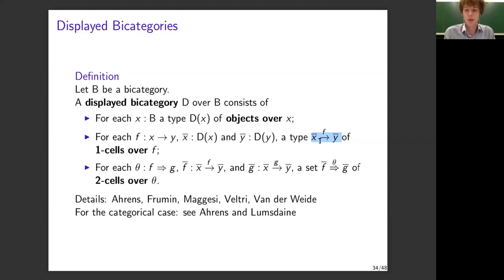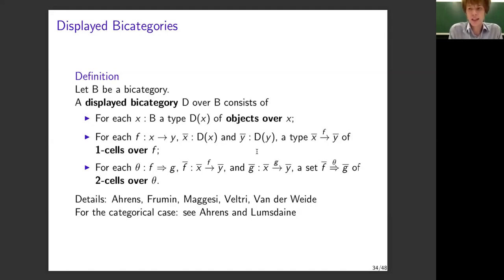So that f preserves the algebra structure from X to Y. And we need to do the same for the two-cells. So then we have a two-cell in B and one-cells over f and g. And then we need a set of two-cells over it. These just represent the structure to be added to the two-cells.